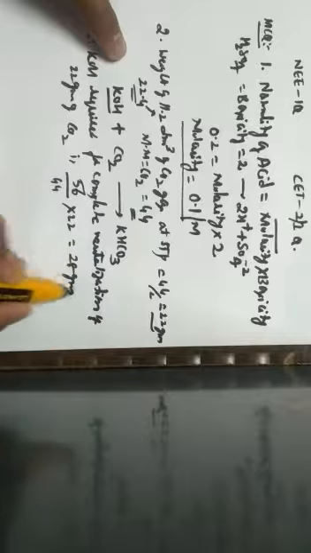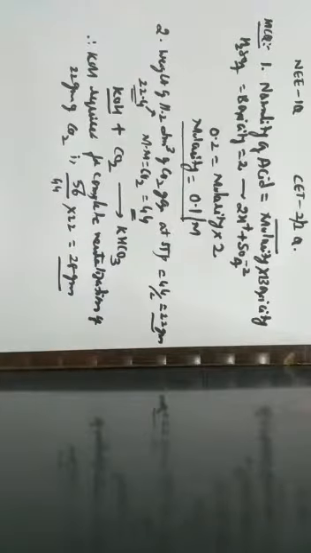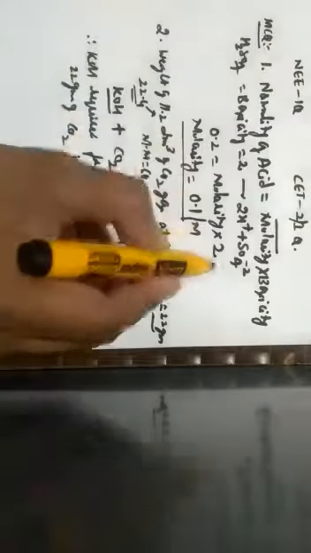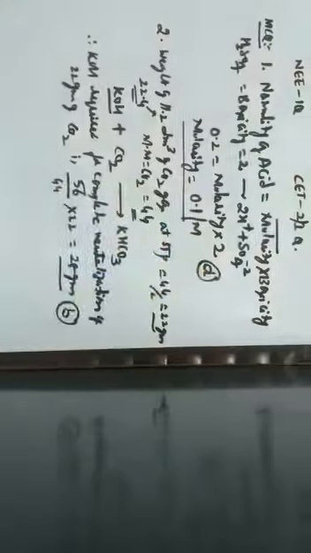It comes out to be how much? Half of 56 is 28 grams. Hence, the correct option for the given question is option B. And for the first question, the correct option is option D.